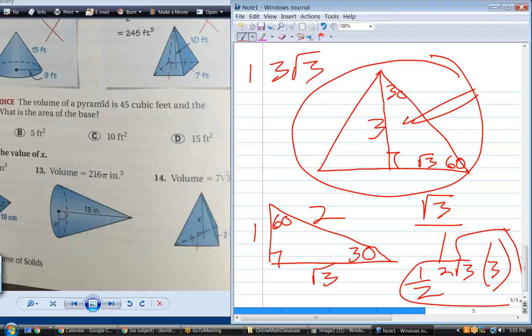So it's 1/3 area of the base times x, the height. And all of that's equal to that volume they gave you. You're going to be able to solve for x easily. In fact, I think x comes out to be 7. All right. That makes sense.